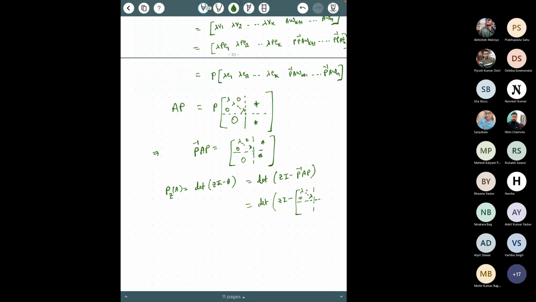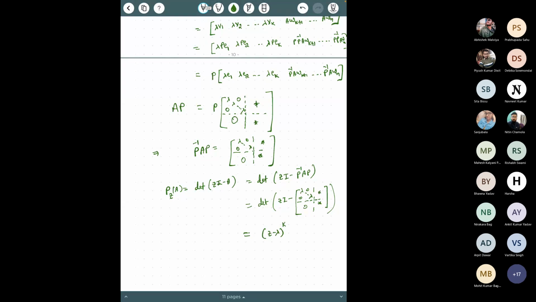So what can we say from here? Can you tell me what it would be? If you look at this determinant, it would be (z minus lambda) appearing k times.